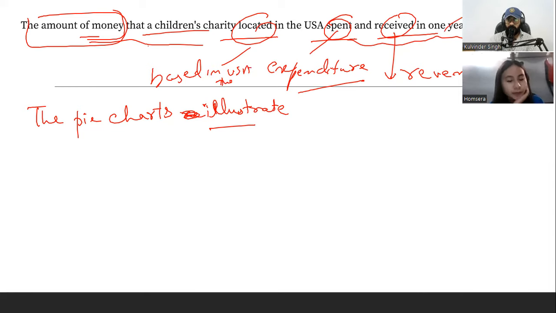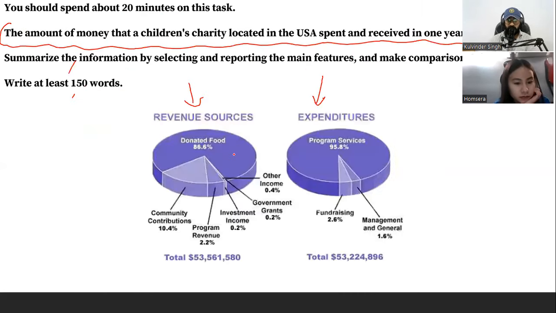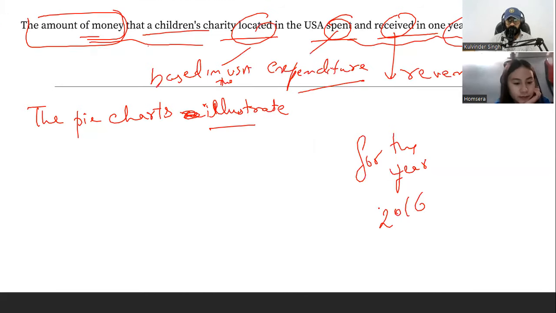In 1 year, for the year 2016. What does it show? What are these things showing us? They're showing us percentage, right? So we'll put proportion for percentage.